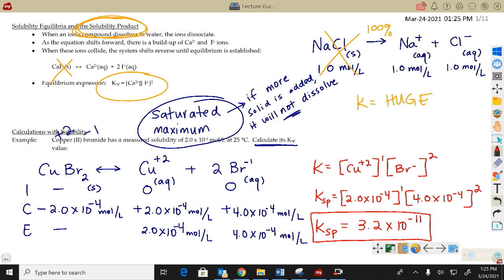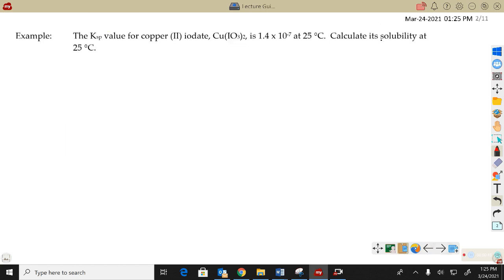The other type of ice table looks a little bit like this. It's the opposite, where now I've been given the KSP, the solubility product for copper 2 iodate. It's small, 1.4 times 10 to the negative 7th at 25 degrees Celsius, which means that it doesn't go forward by much, that there's not a lot of product ion.